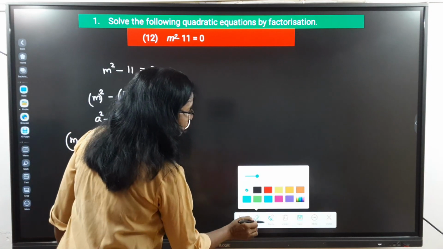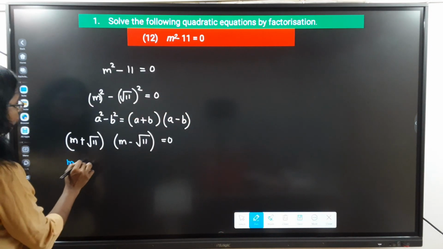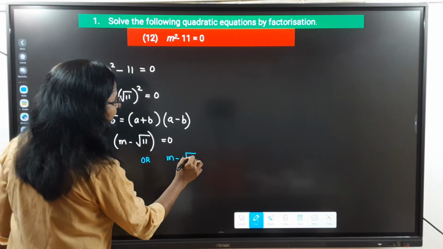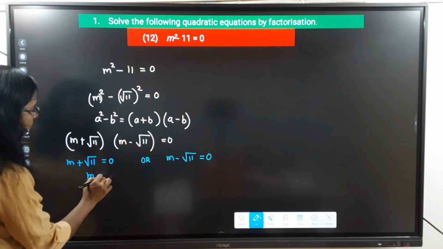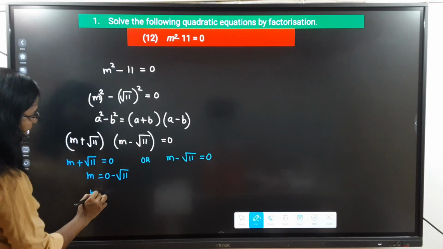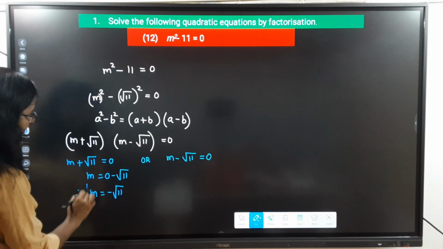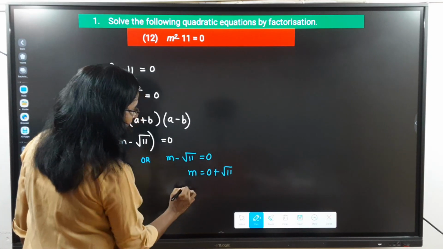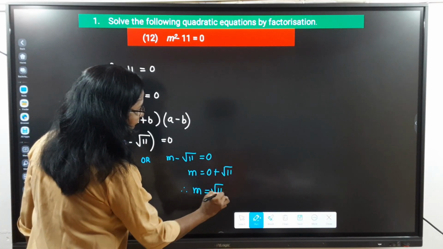So now we have the two brackets, and that's why we write m plus root 11 is equal to 0, or in the second bracket m minus root 11 is equal to 0. Therefore m is equal to 0 minus root 11, so m is equal to minus root 11. And here, students, m is equal to 0 plus root 11, therefore m is equal to root 11.